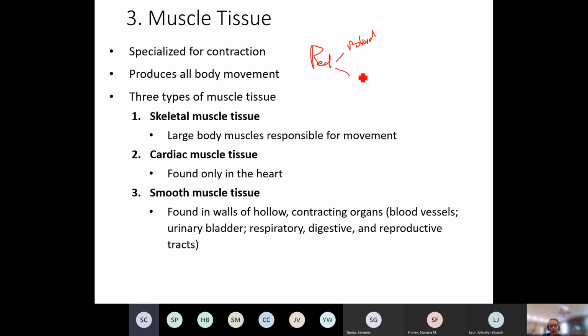The other reason they'll be red is inside the muscle cells, they make this protein known as myoglobin. And myoglobin, like hemoglobin, has an iron core component, and iron can bind oxygen, and when iron binds oxygen, it turns red in color. And so that'll help also make the skeletal, cardiac, and smooth muscles look very red in color.